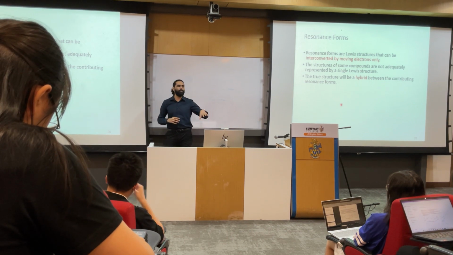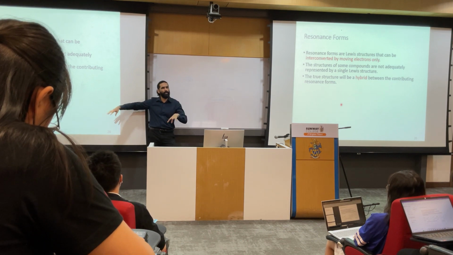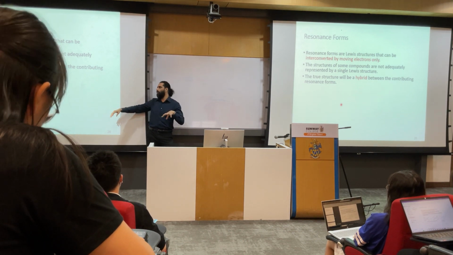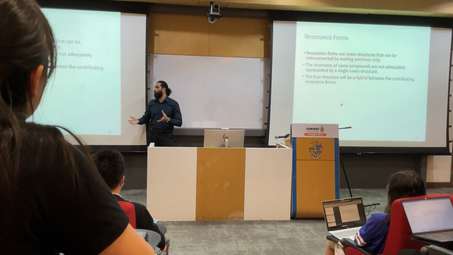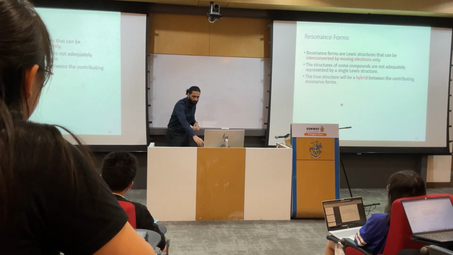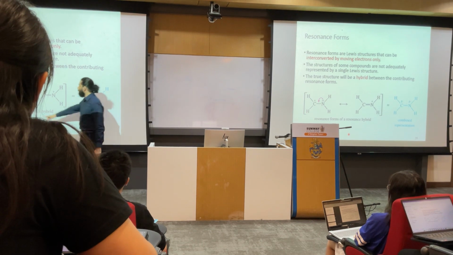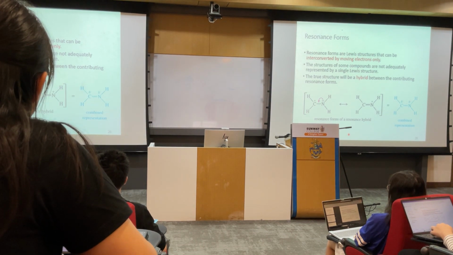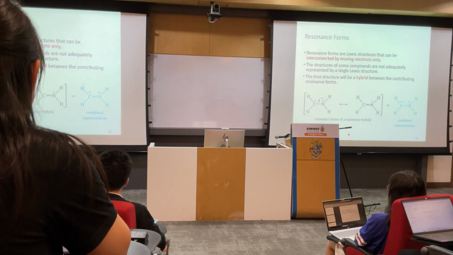But the point is that once you have multiple options of making structures of the same compound, then the true or accurate structure of that compound would be somewhere in the middle of those two structures. Right? So what I'm saying is this. This is a compound example where somebody made a structure like this, without the pink arrow, of course.